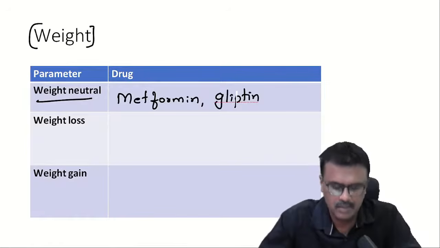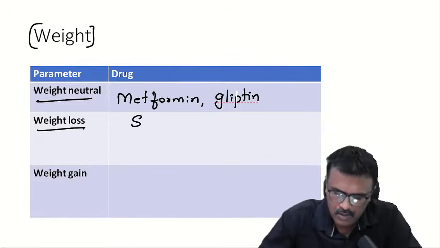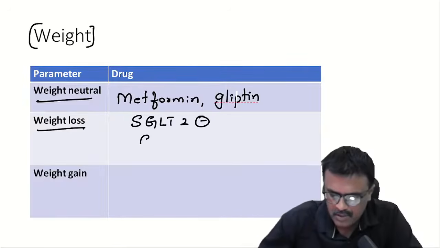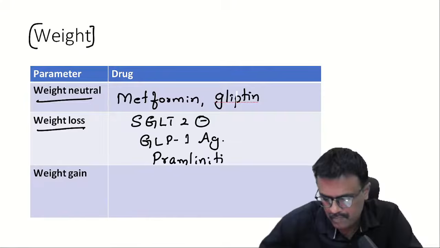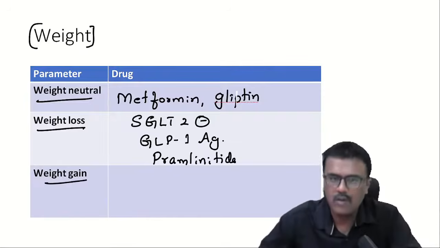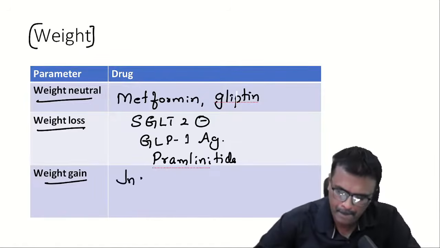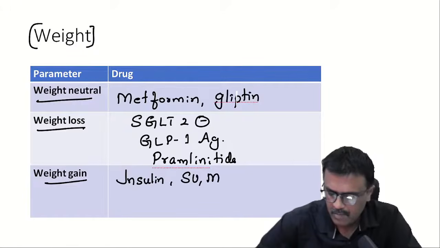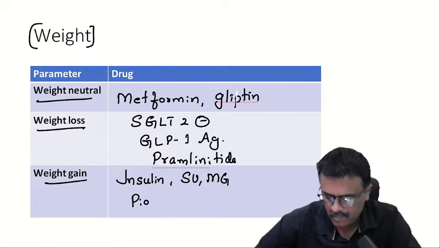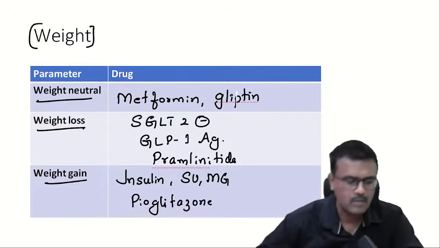Weight loss, we have SGLT2 inhibitors, GLP-1 agonists, and a drug called pramlintide. Weight gain, all the old drugs like insulin, sulfonylureas, meglitinides, pioglitazone, they cause weight gain.